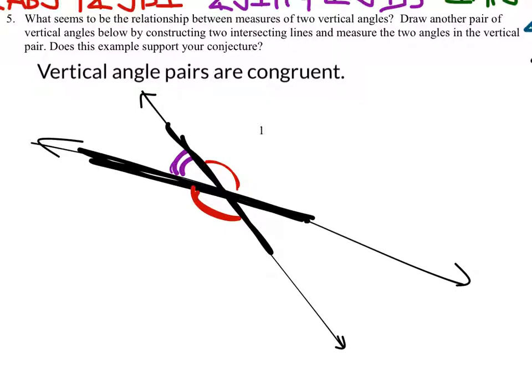So this purple angle is a straight line with this red angle and also the thinner red angle. That's why vertical angles are congruent, for one of the reasons. So if I had a measurement on this one, let's say that was 140 degrees, then I would know that this vertical angle is also 140 degrees. Bam.